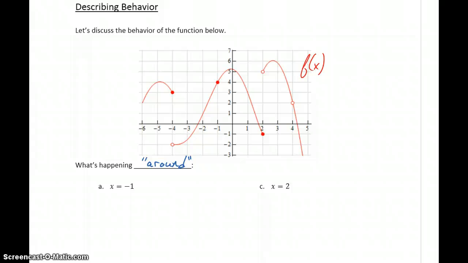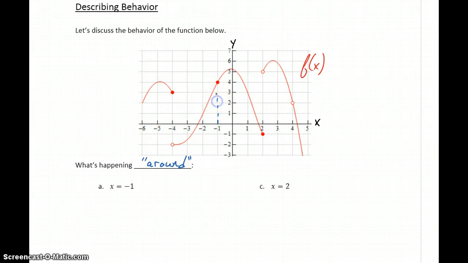So first we want to start off by considering what's happening at the point x equals -1. So we can add a little bit of notation here to our graph just to make sure this is straight. So our horizontal axis is always going to be our x-axis. Vertical axis is always our y-axis. So we want to consider, as we head to x equals -1, what is our function doing at that point?